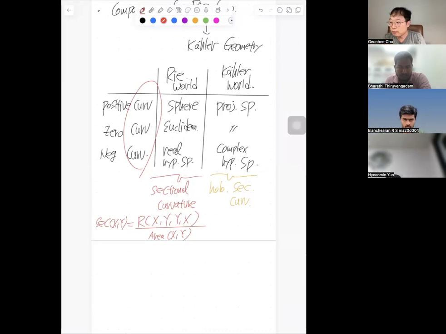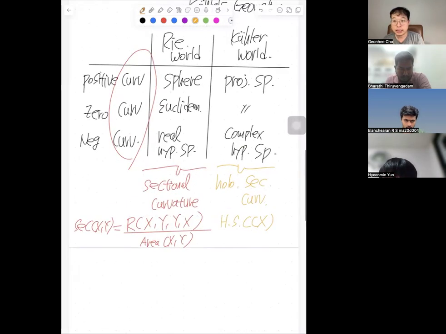This is one thing. What about the holomorphic sectional curvature? It's different. So, holomorphic sectional curvature. Let me also use the standard notation, H, and it only takes X. This is defined in a completely different way.